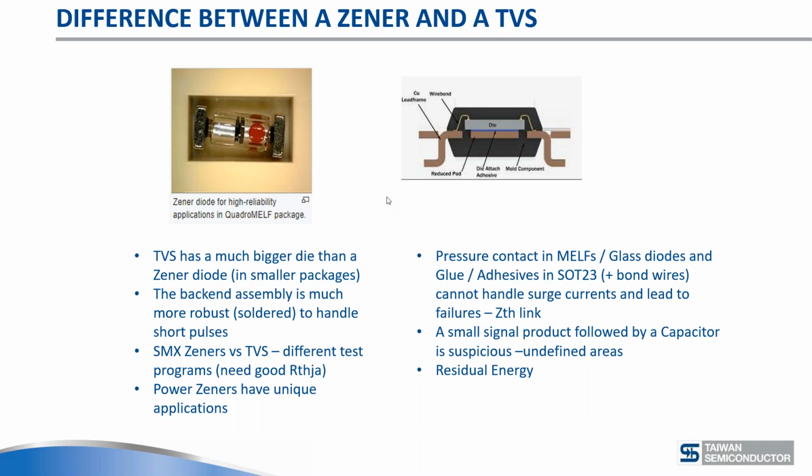So some people actually see Zener failures when there are pulses, and that is usually for two reasons: a small signal product followed by a capacitor sees a small surge. Maybe this thing is not characterized for it. This is the first thing, and there also may be what we call residual energy. Residual energy means that there is primary protection, where the destructive signal comes into your package.